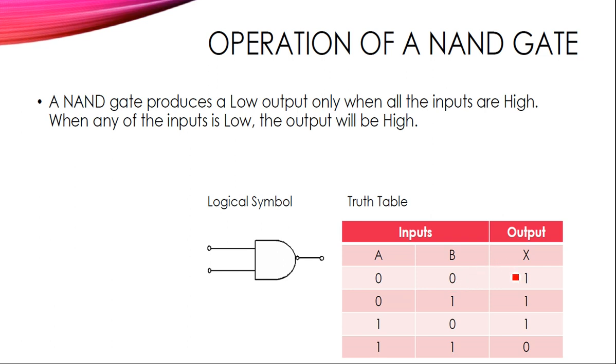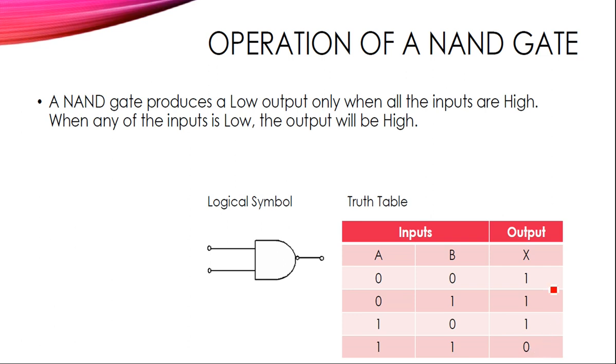So complement of 0 is 1. 0 into 1, 0. Take the complement of 0, it is 1. A 1, B 0, 1 into 0, 0. Take the complement of that, 1. And A 1, B 1, 1 into 1, 1. Take the complement, so it is 0.